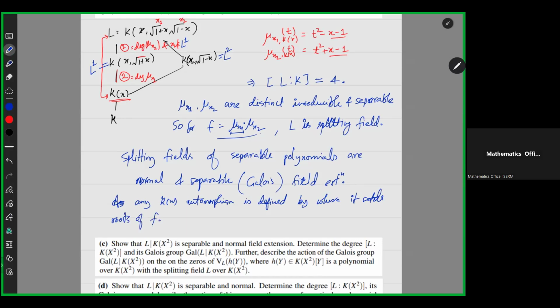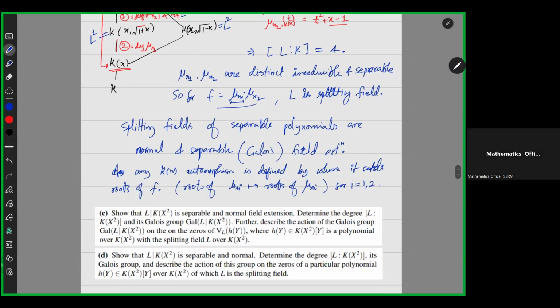So what happens here? The roots of mu x1 go to roots of mu xi. I should write roots of mu xi. So this is true for any case.